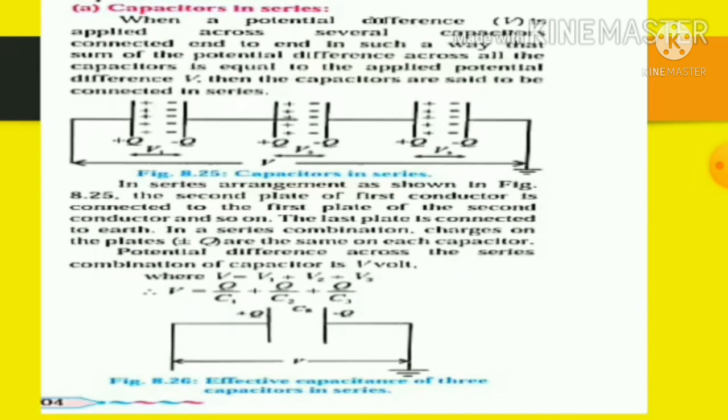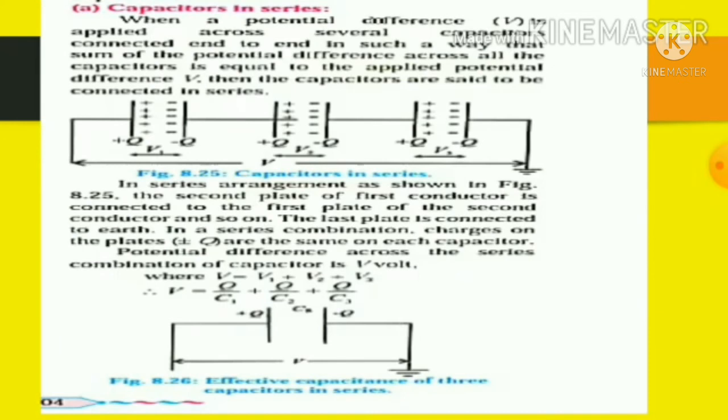That is, C1 is the first capacitor, C2 is the second capacitor, and C3 is the third capacitor or condenser. These three capacitors are arranged in series and connected to each other in such a way as shown in figure 8.25.